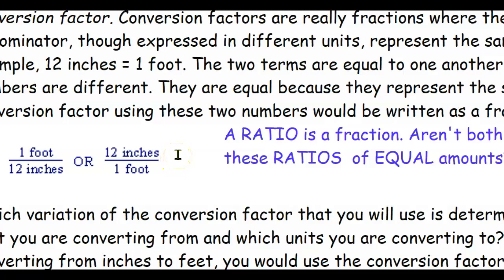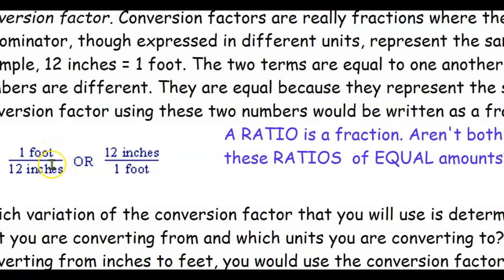So what we do with a conversion factor is take it in one form or the other. A foot is the same as 12 inches. 12 inches is the same as a foot. We can write a conversion factor either of these ways. Why is that? Well, they're the same quantity.